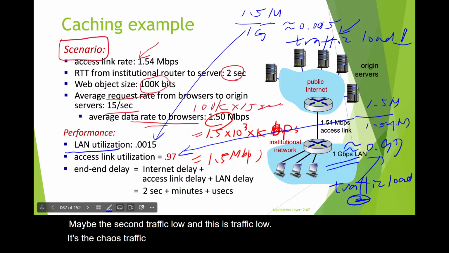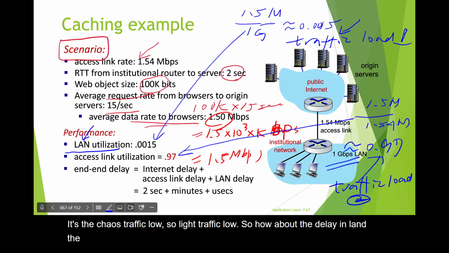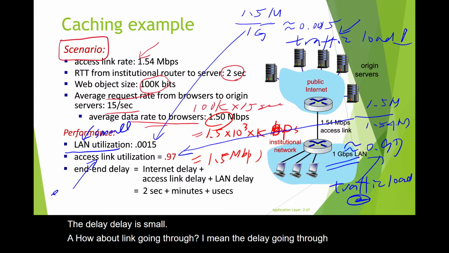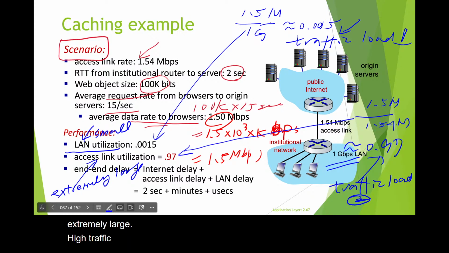So how about the delay in the LAN? The delay in the LAN is small. The delay going through the access link is extremely large because of the high traffic load, if we consider queuing delay.